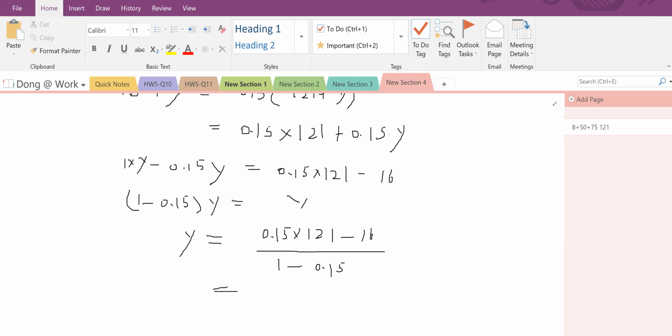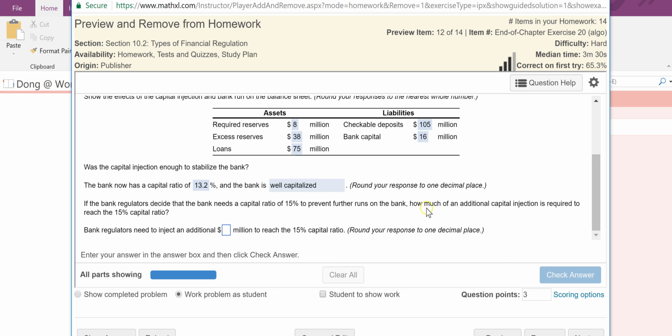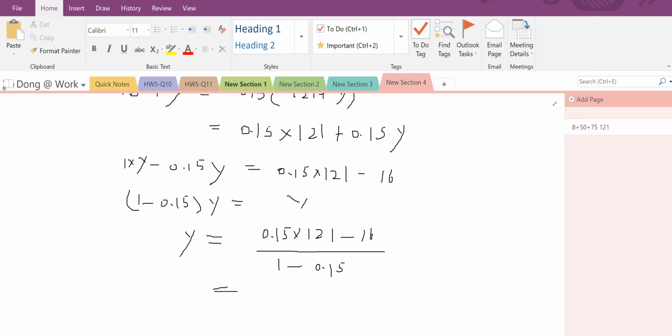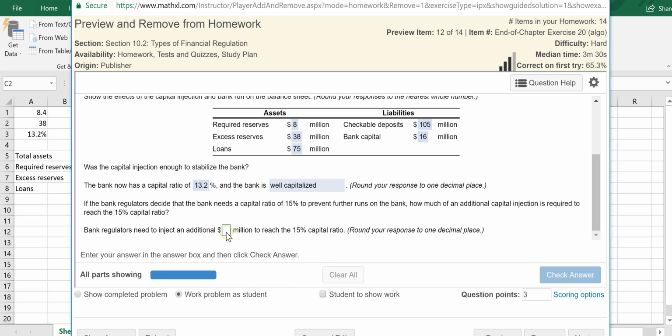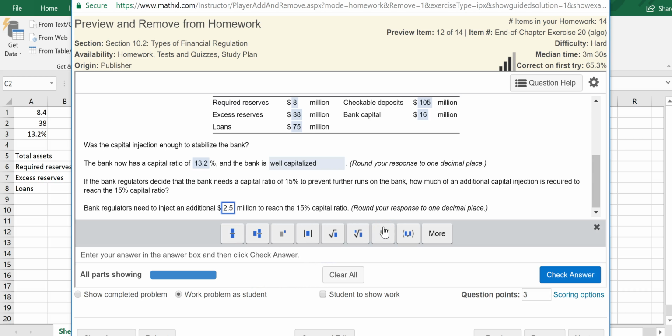Now go back to the setup and notice the rounding requirement. Round your response to 1 decimal place. So I have to keep 1 decimal place, and that gives me 2.5. $2.5 million to reach the 15% capital ratio.